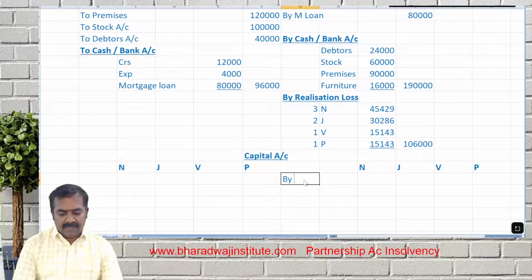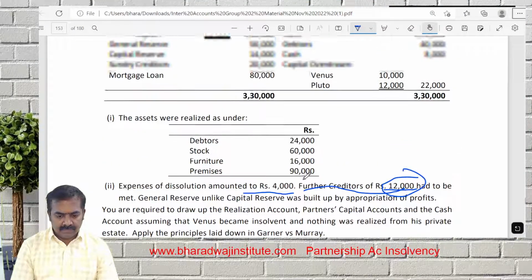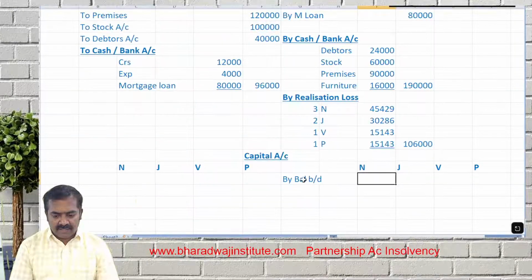Tell me the capital balances by balance brought down, who has what? N and J 1 lakh.